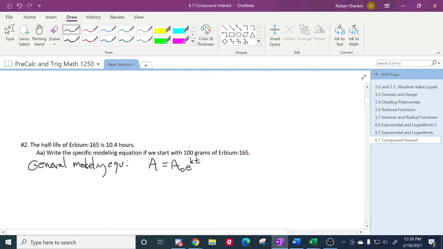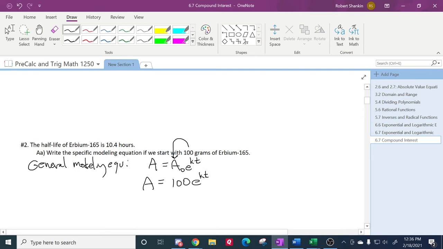And the 100 is going to go in for the a sub 0. So we start out getting it more specific this way. But we need to know the k, and then we have the specific modeling equation.